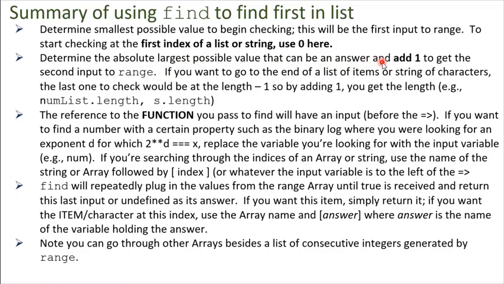Similarly, when we were checking for the binary log of a number, in general, if we're trying to find the binary log of x, it's usually going to be less than x itself, or less than x minus 1. But x minus 1 is the absolute largest value we would stop checking at, so we add 1 to that to say x.